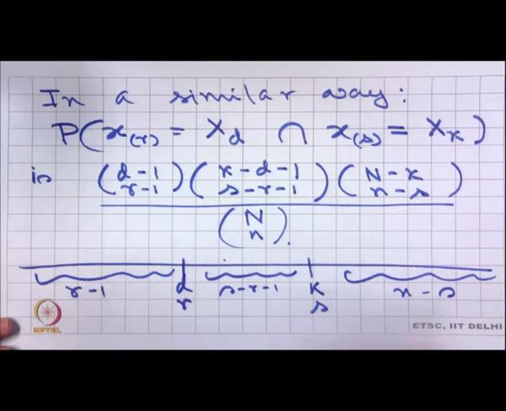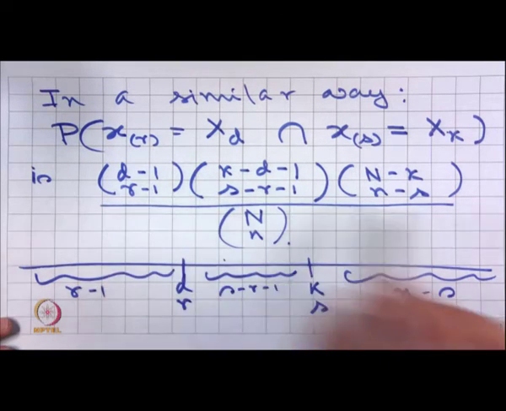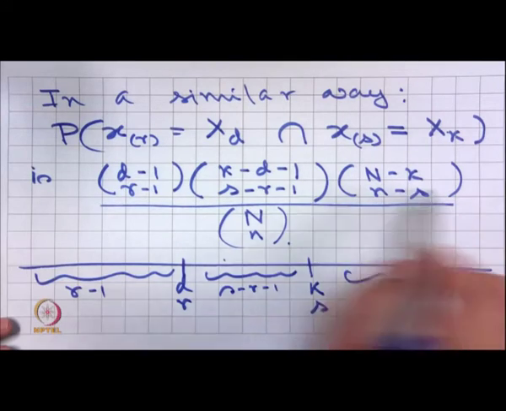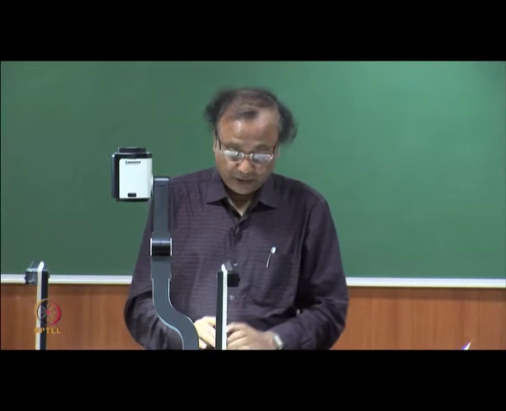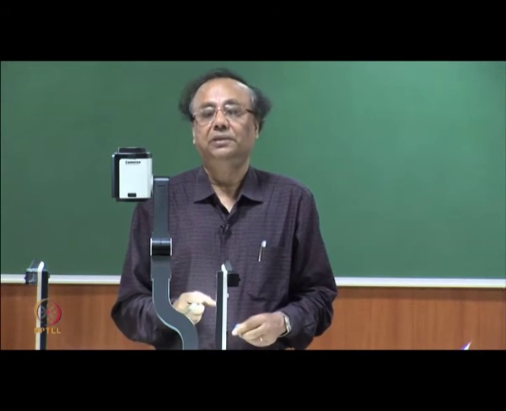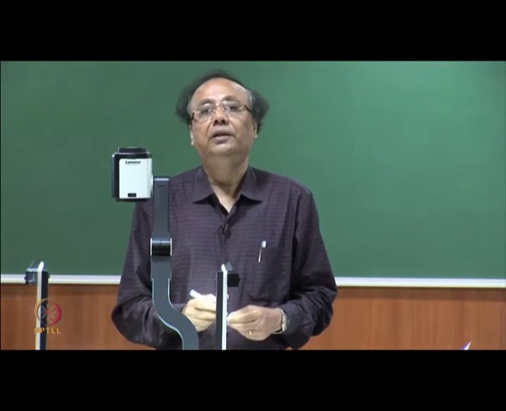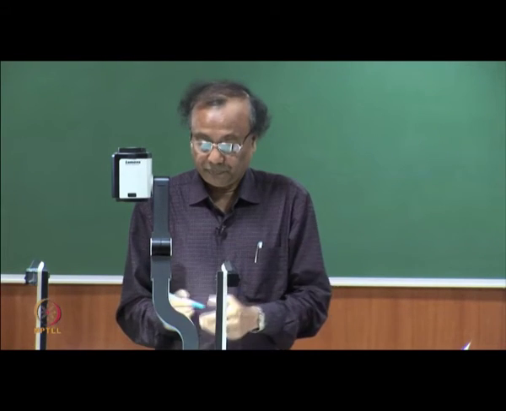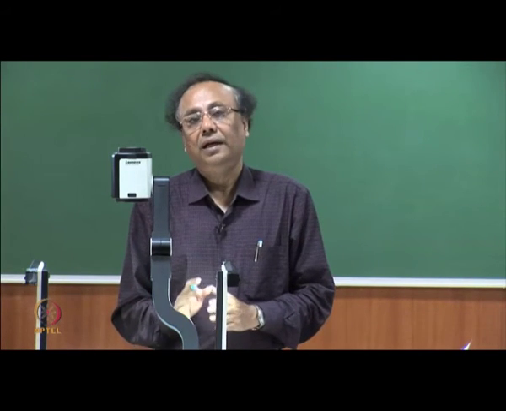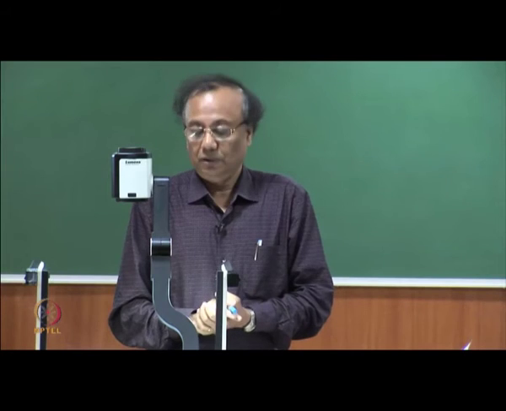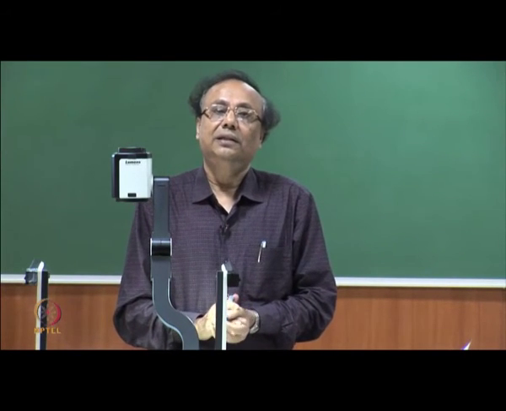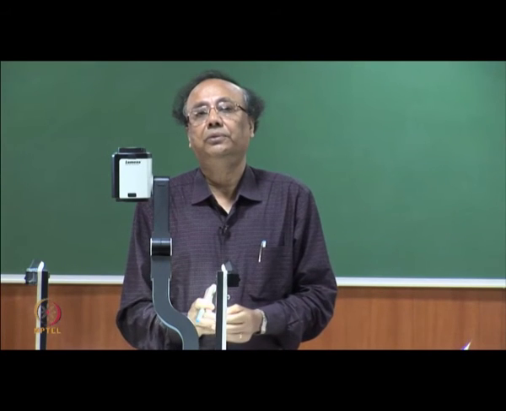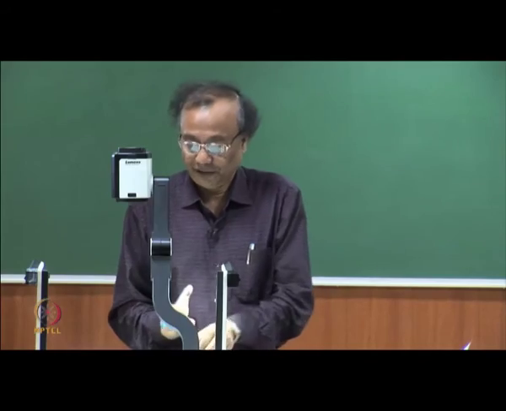So, the number of ways of possible selection is coming out to be this. I want you to verify this one, and I want you to attempt the problems that we will be giving you in the tutorial sheet. With that, I close the chapter on order statistic. From the next class, I will go into properties of estimators. Thank you so much.